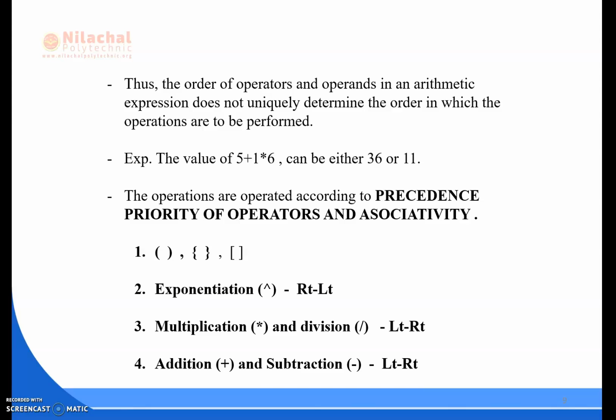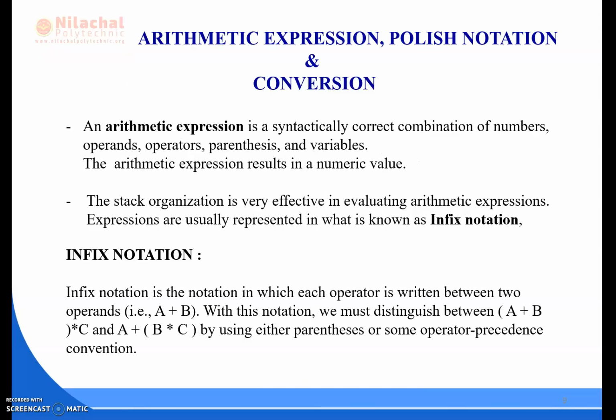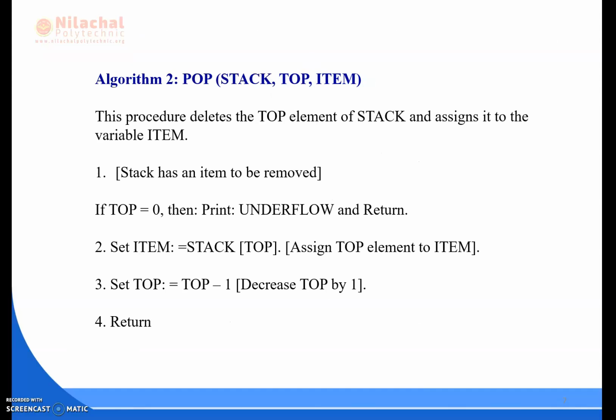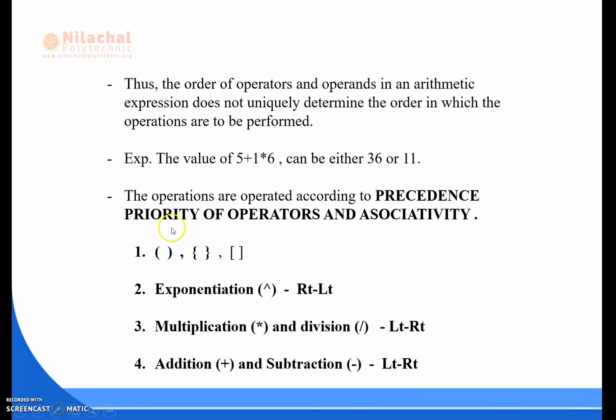So here is the preference order in which the parenthesis comes first. When there is a parenthesis in an expression, it will be given the first precedence. At the second position comes the power sign, that is the exponential sign.